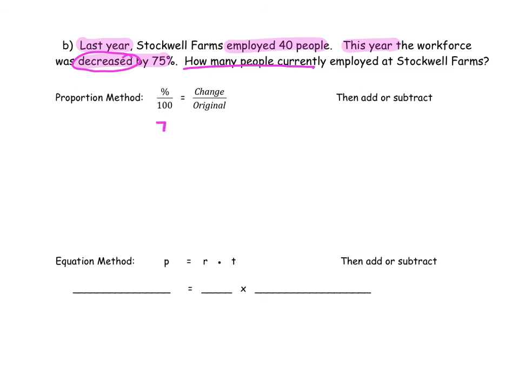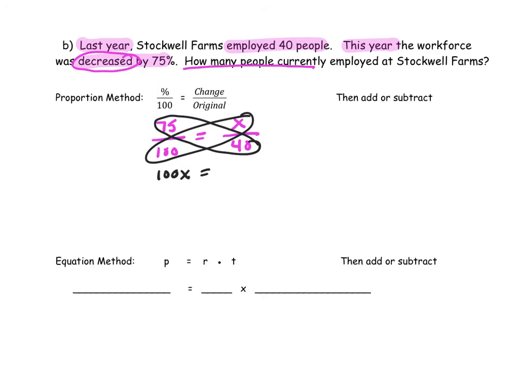So the percent that they give us is 75, and percent means out of 100. We don't know the change. That's what we need to find out so we can use it. But we do know the original amount of employees last year was 40. So now we're going to cross multiply. 100x equals 75 times 40. And ironically, that's 3,000 again. We're going to divide by 100 on both sides, and that's going to leave us with x equals 30.